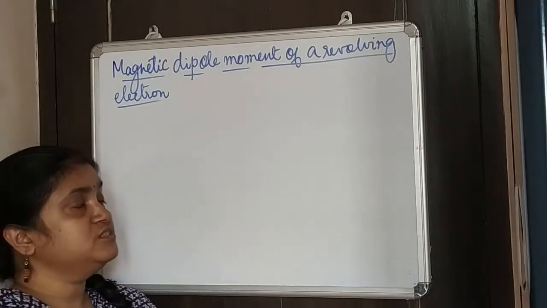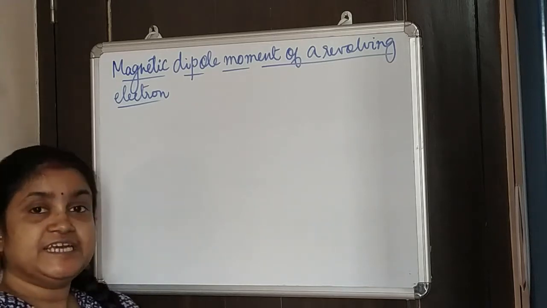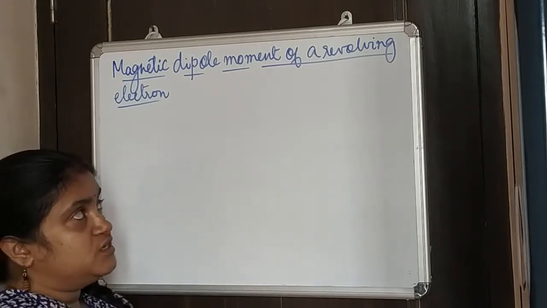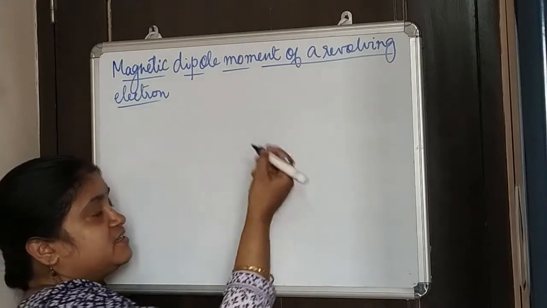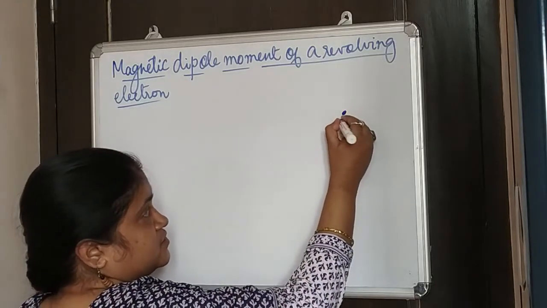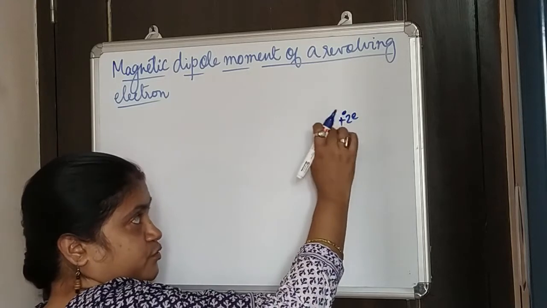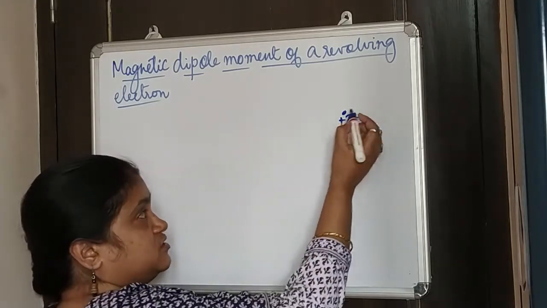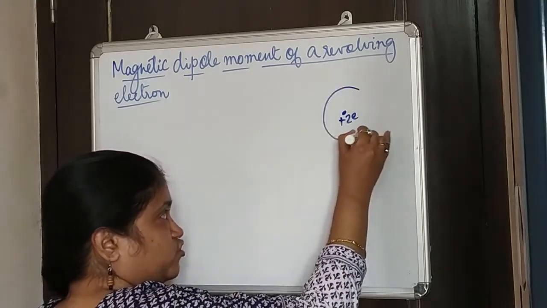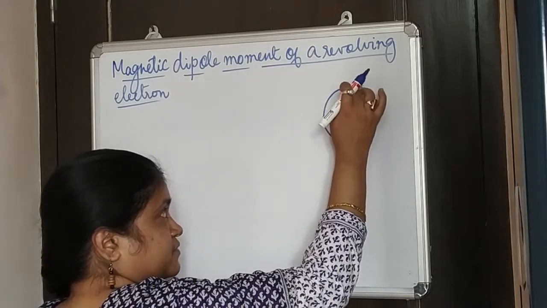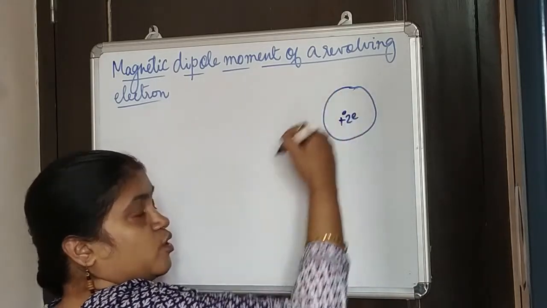Magnetic dipole moment of a revolving electron. So we know that inside the atom, suppose there are Z protons, which is positive charge, and an electron is orbiting around this orbital.